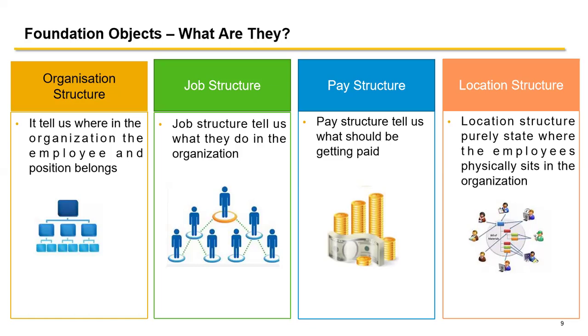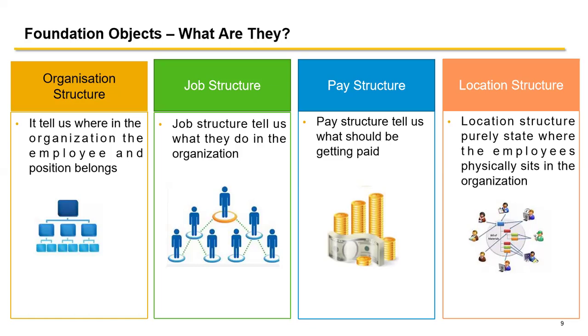For example, the position is HR, a human resource position. Whatever information relates to the employee and the position within the organization is part of the org structure. I will explain in detail how the org structure looks and how we will configure it.